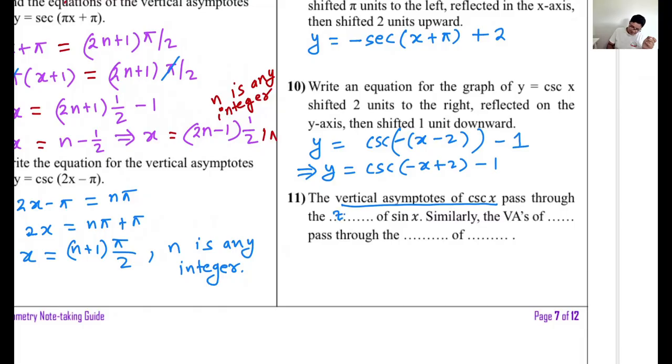So those are the zeros of sine x. Similarly, the vertical asymptotes of sec x pass through the zeros of cos x. This is one beautiful connection to remember: the vertical asymptotes of these reciprocal functions are where you have zeros of the original function.